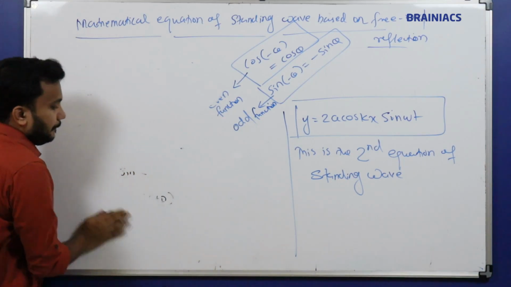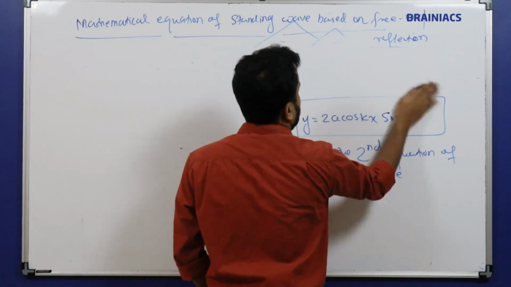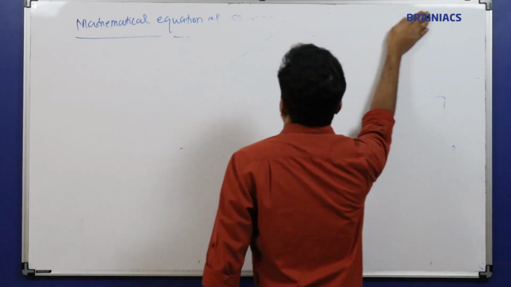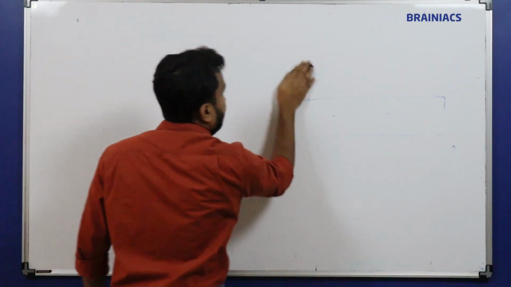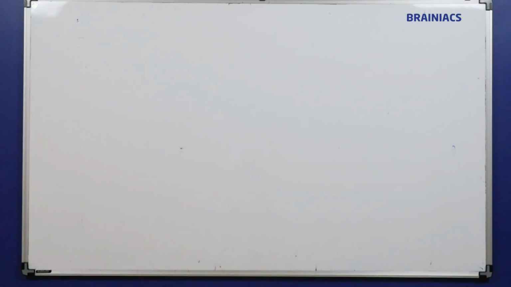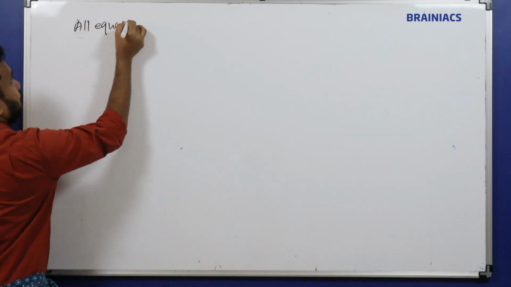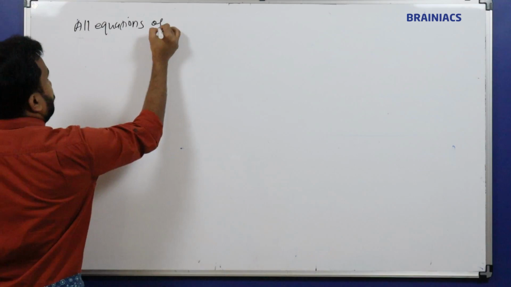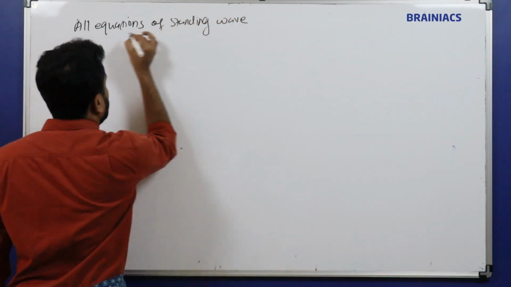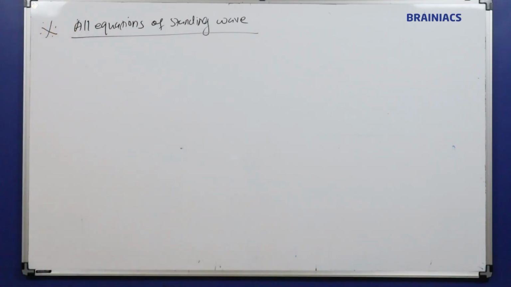Okay. Now this is clear. Cos is an even function. Now you know all the formulas of fixed end reflection and free end reflection. Now, all equations of standing wave, very important, highly important, all equations of standing wave.